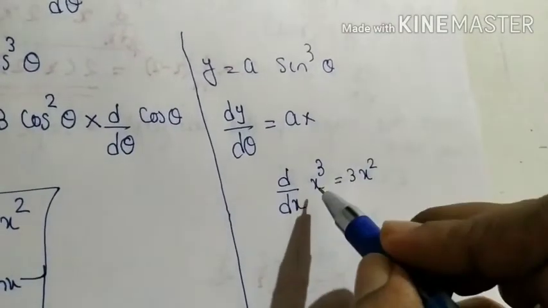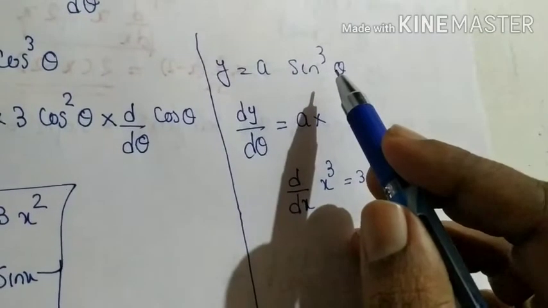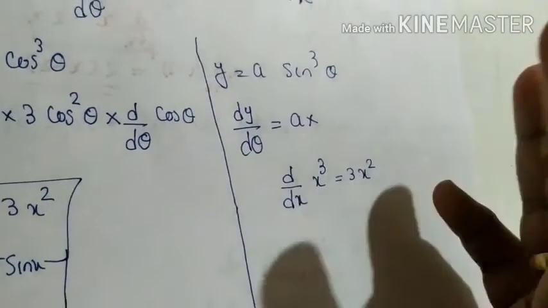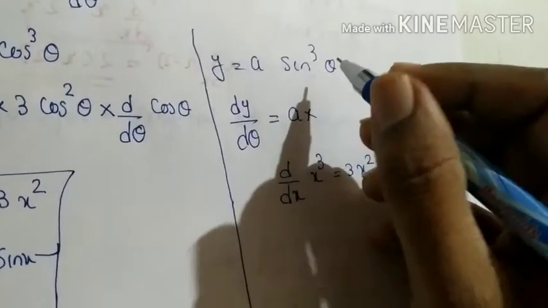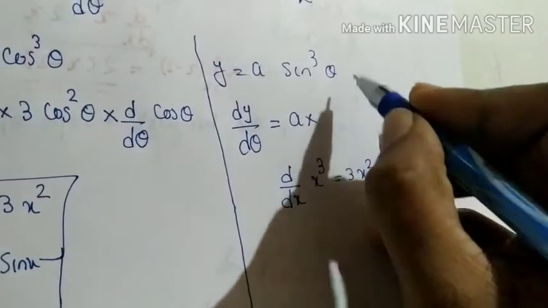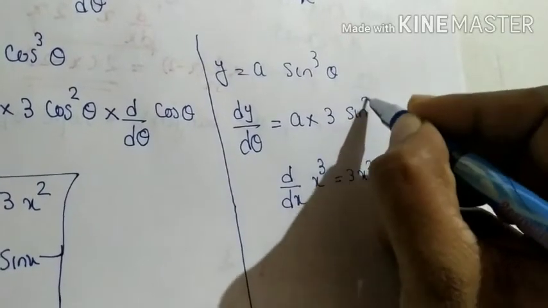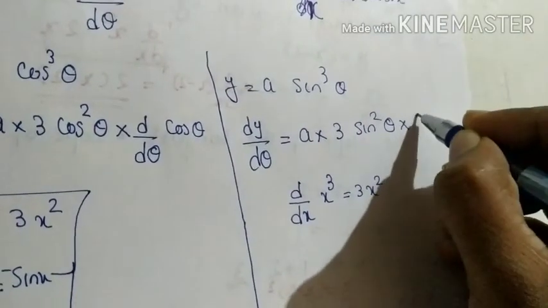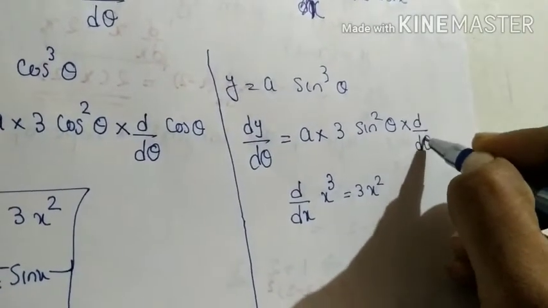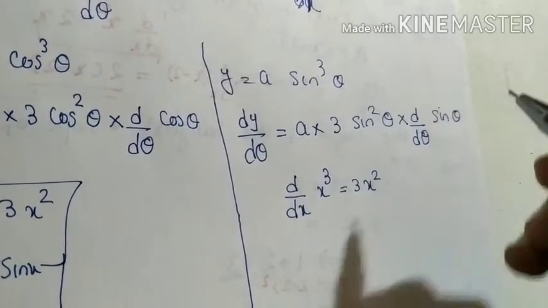So instead of x, here sine theta is present, so we replace x by sine theta. We get 3 sine square theta. Here sine theta is another function.